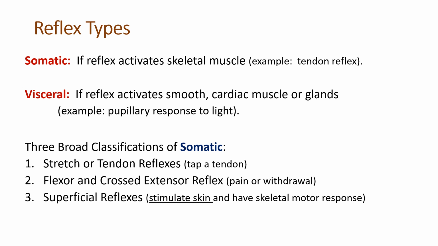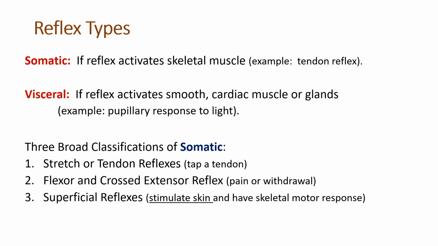And so we can classify reflexes as either being what we call somatic, that is activating a skeletal muscle. A tendon reflex is an example of that. Or we have what, shall we say, involuntary reflexes. These are autonomic type reflexes that activate smooth muscle, cardiac muscle, glands, along those lines. So the pupillary response, that's a visceral reflex.